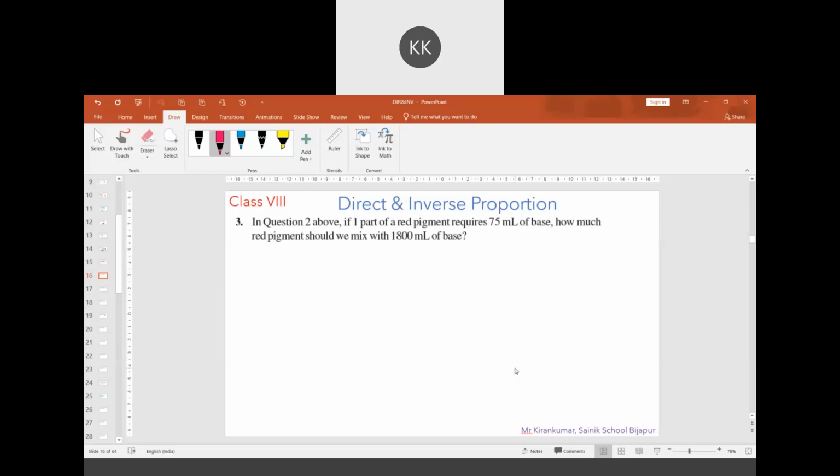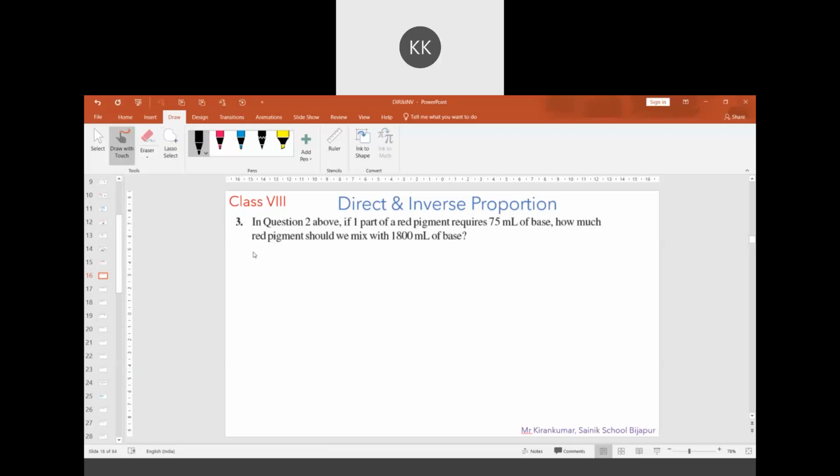As per this question, if we consider the red pigments as some X parts, the ratio 1 by X will be equal to 75 by 1800.